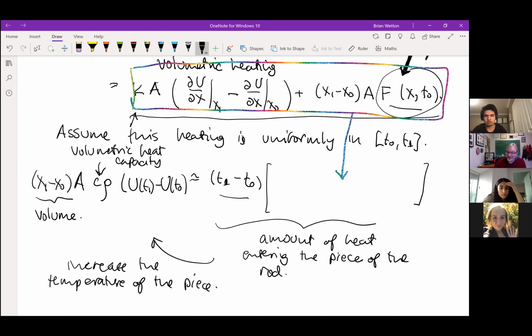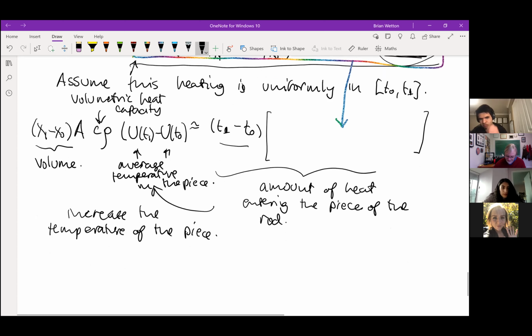And again, you notice that I haven't put an X here. These are the average temperatures in the piece. And there's no derivatives in X that are going to happen to these. So it doesn't matter where you evaluate those. Think of them as the averages. Just like over here, you can think of that as an average of F over the piece and over the time.